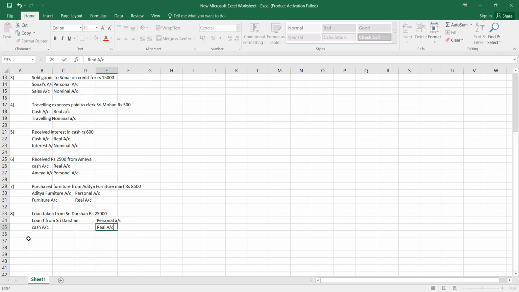Rent paid rupees 3,000. Now you would be knowing what are the two accounts impacted. Rent paid rupees 3,000. So here in this case, cash has gone out towards rent. So cash account is the account that is impacted, which is a real account.